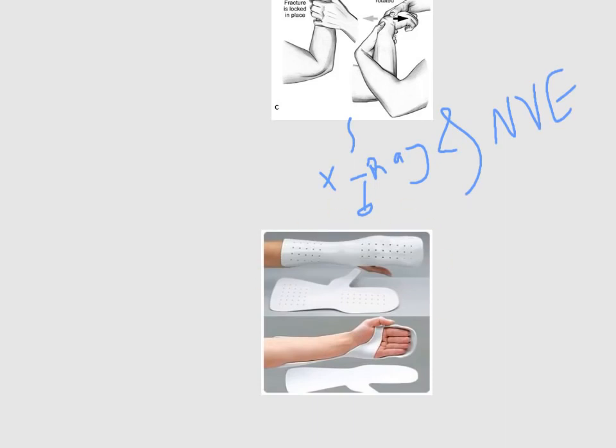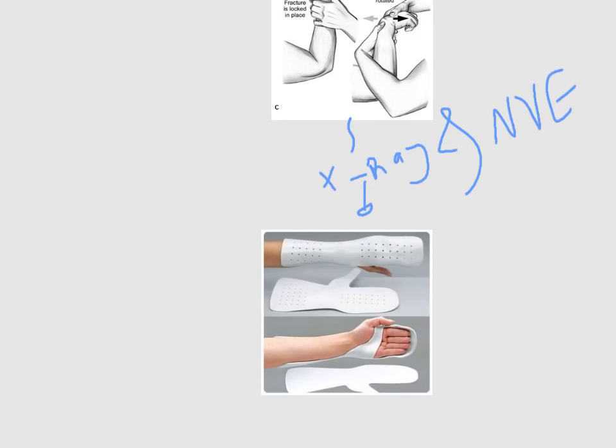Of course, this slab will extend from just below the elbow, on the dorsal part, to the metacarpal joint, with two thirds of the circumference of the wrist covered by the slab.